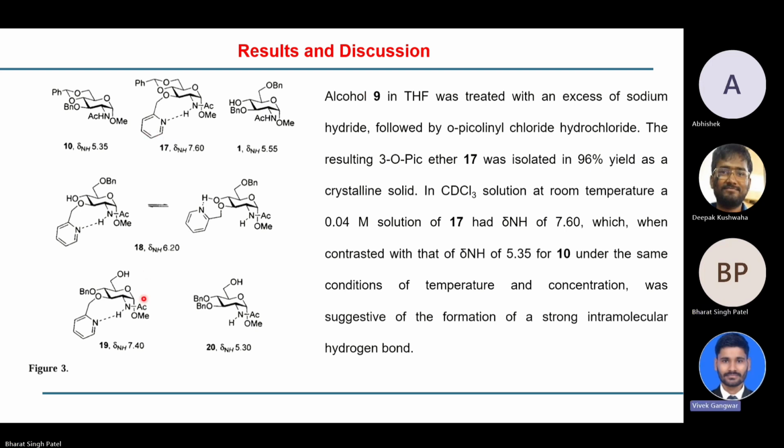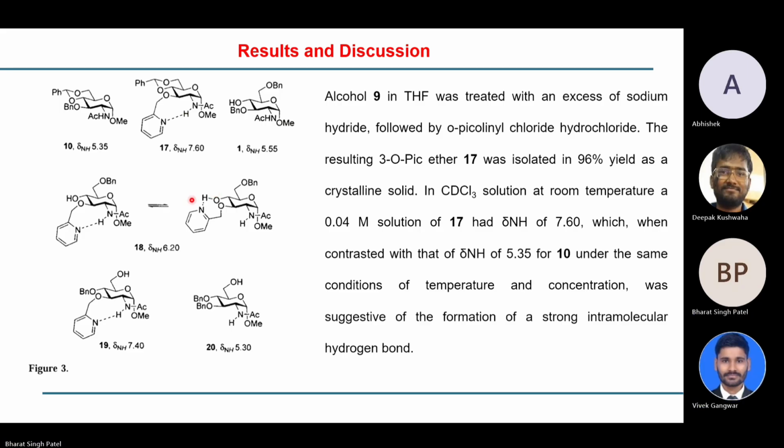If this is not pyridine type, then how is intramolecular hydrogen bonding taking place? That's why they cleverly installed this picolinyl derivative. That is what they have done in this paper. Somehow they disrupted the hydrogen bonding between the hydroxyl group and this amide group.